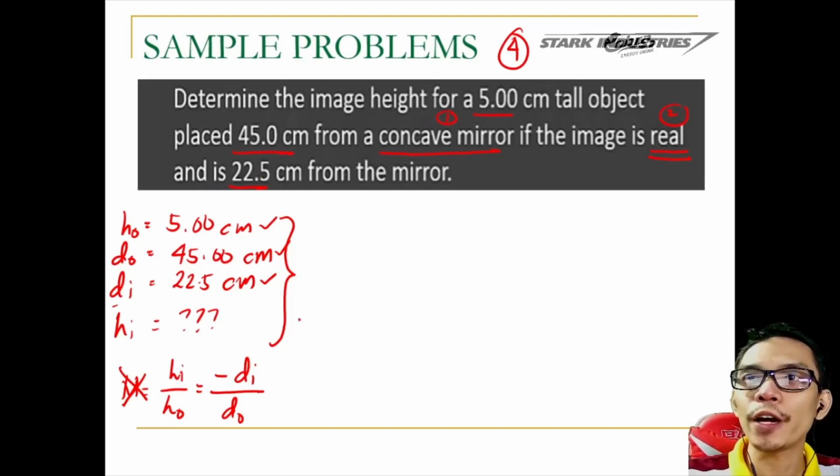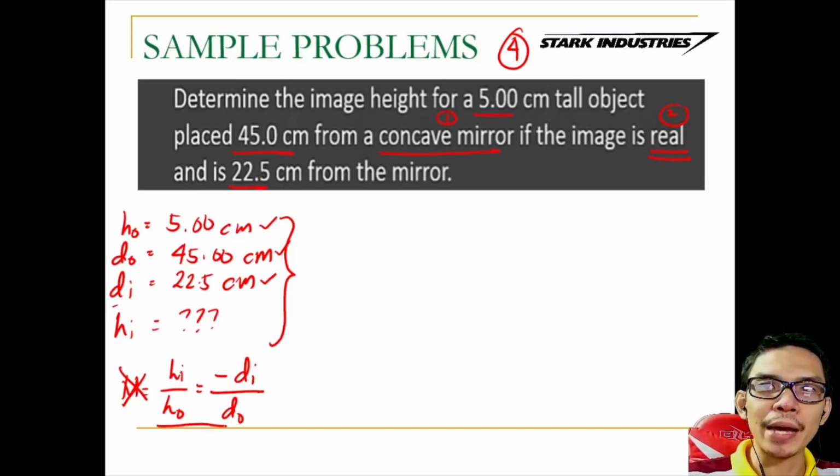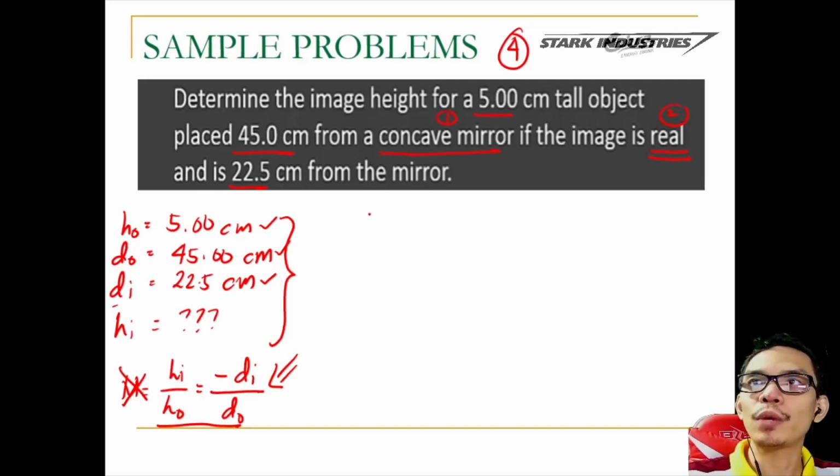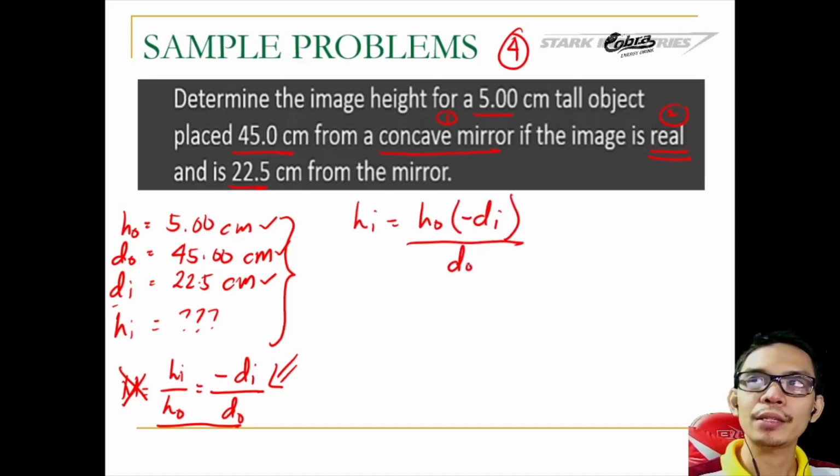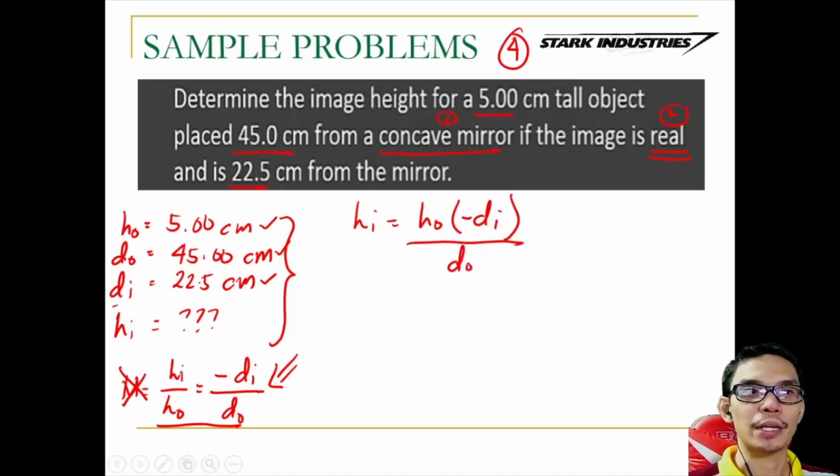So we are left with this equation. We can rearrange it to find what we are looking for: h sub i is equal to height of the object multiplied by the negative distance of the image, over distance of the object. So there you go.